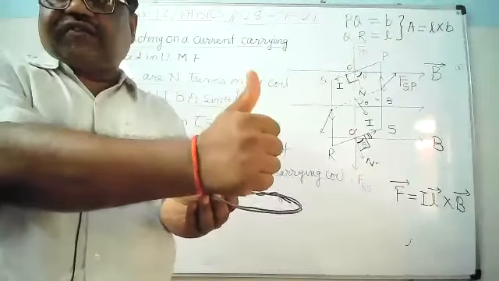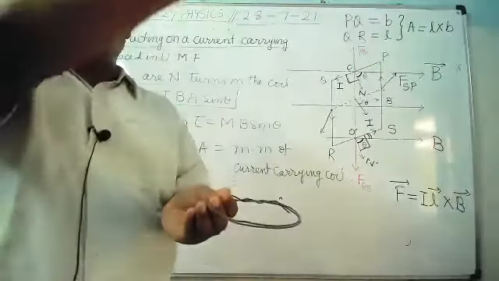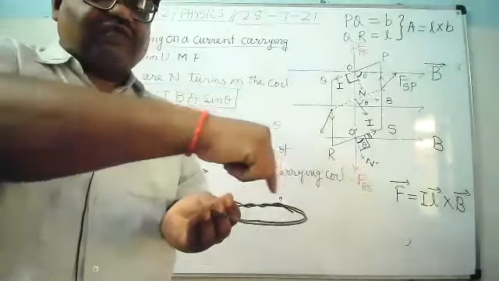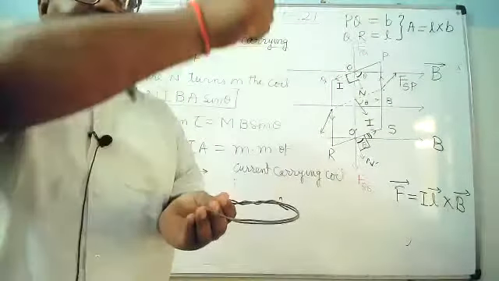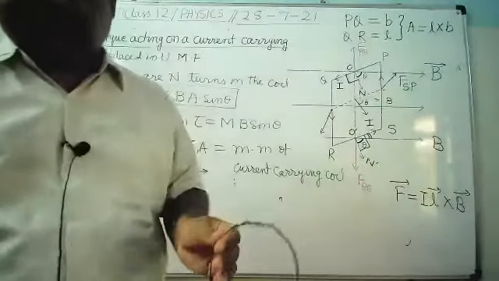Then the thumb is pointing upward. You can see here this direction is anti-clockwise. The thumb is pointing upward, which means this is the direction of magnetic moment.